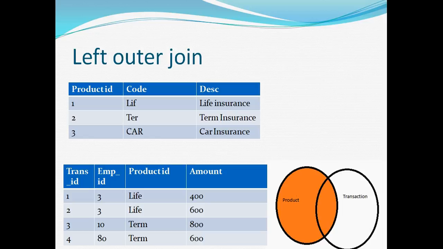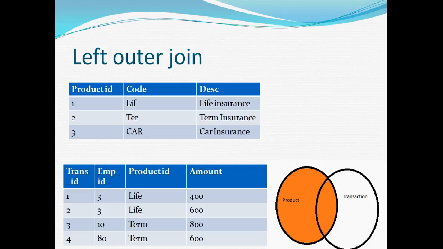As a CEO, I want to see the revenue that is being generated by products, and even if a product has not generated any revenue, instead of dropping the row, I want to see it as null. So I want to see all the products that are being sold as a part of my company and the amount of revenue that they have generated.